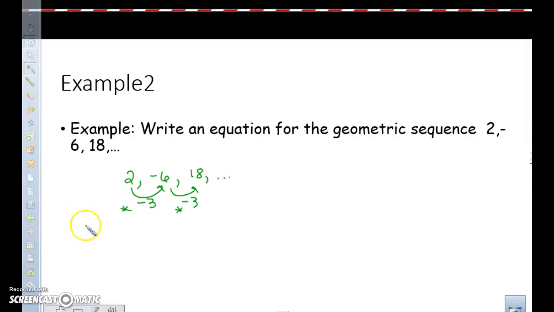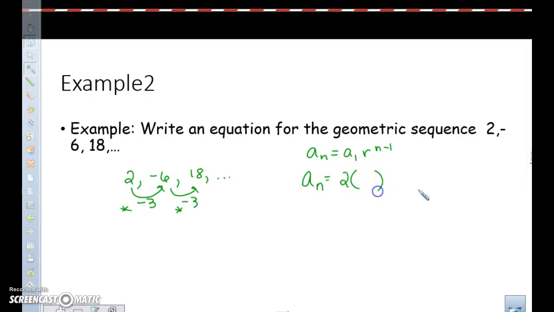All right, so we're going to use the same formula. This time we're writing the equation, so we're going to leave n as n. Okay, so a sub 1, what's the first number? 2.